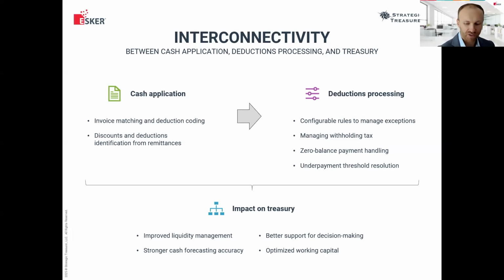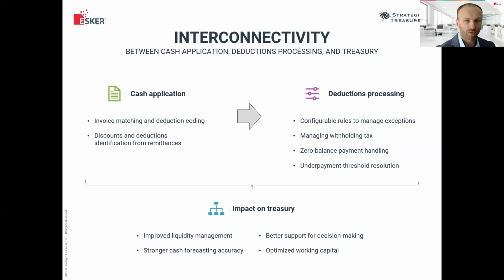So it's really essential to have two solutions that can talk to each other, that are integrated, that can go back and forth as far as, okay, maybe we have questions about a short pay from the deductions team for the Cash App team, being able to communicate effectively between those two teams and being able to resolve it in one system. The interconnectivity is really important.